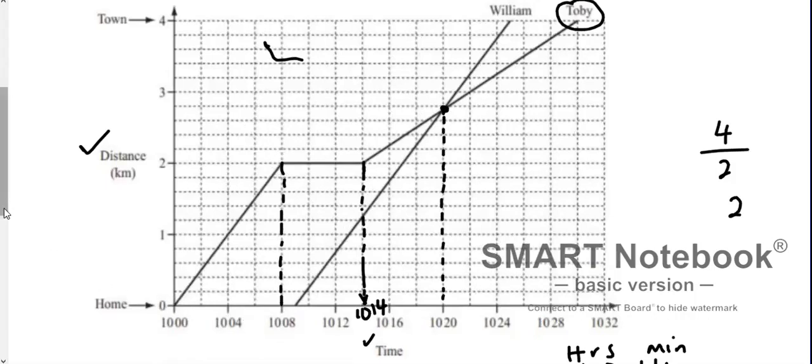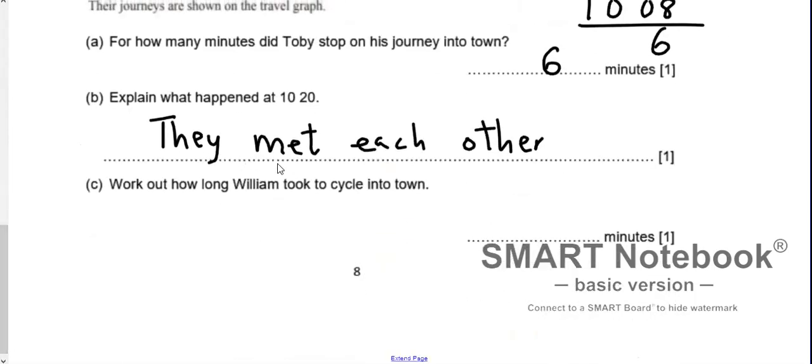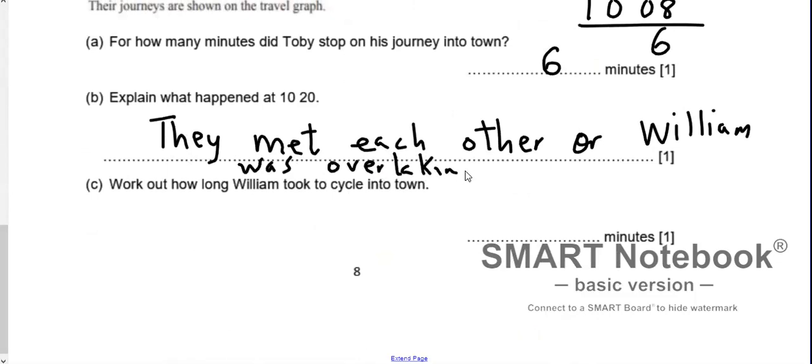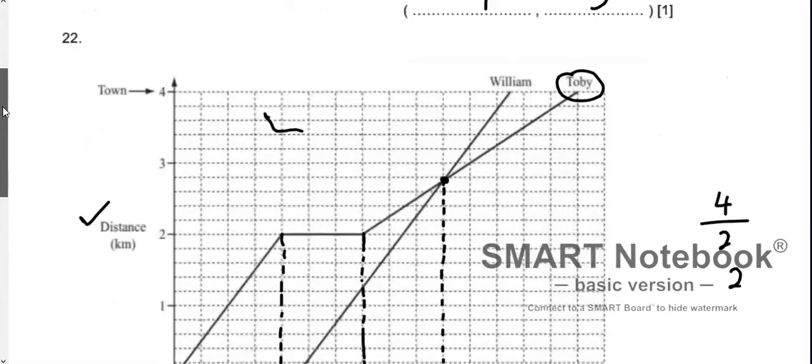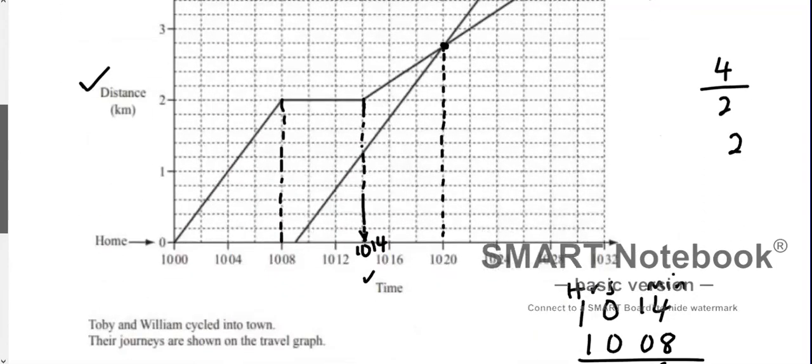So you can say William was overtaking Toby at that point.